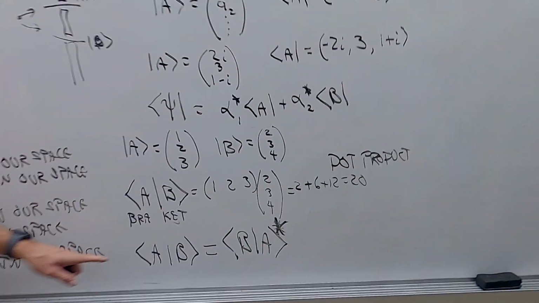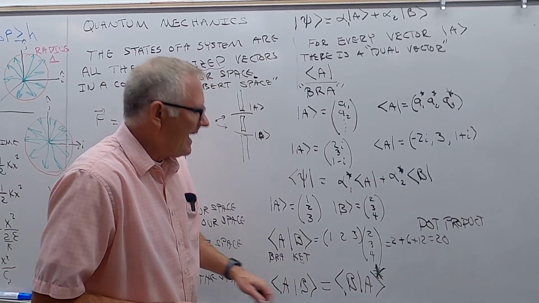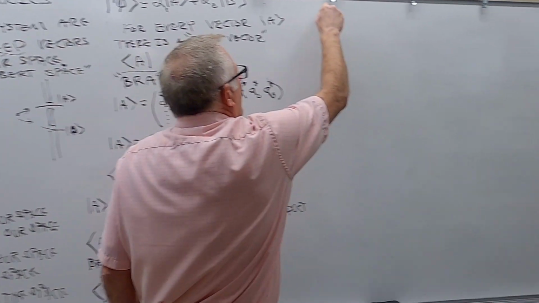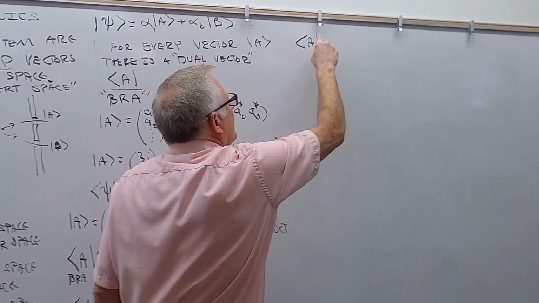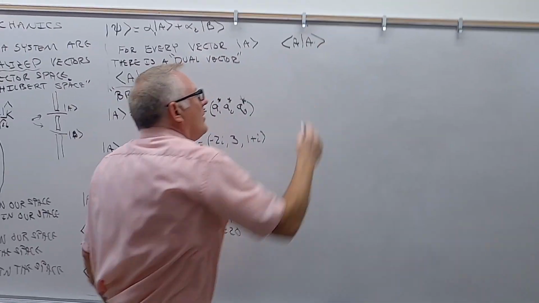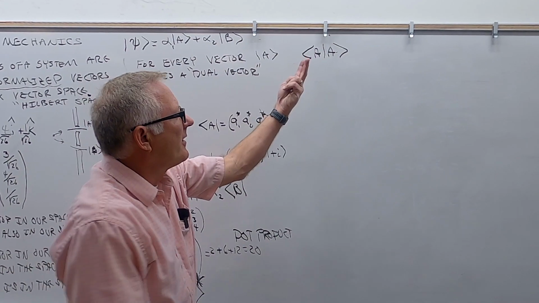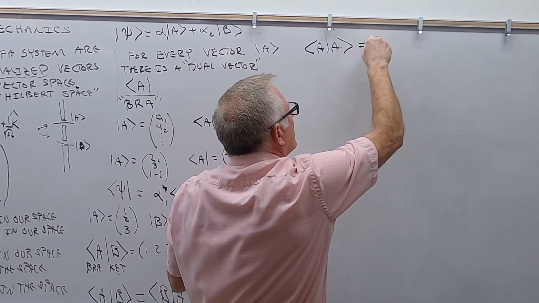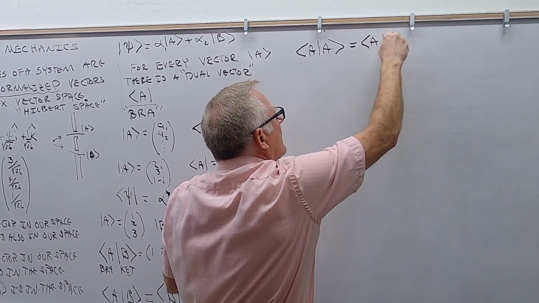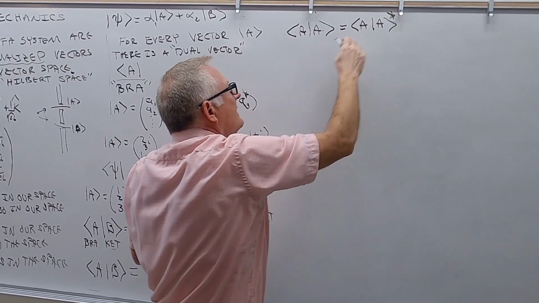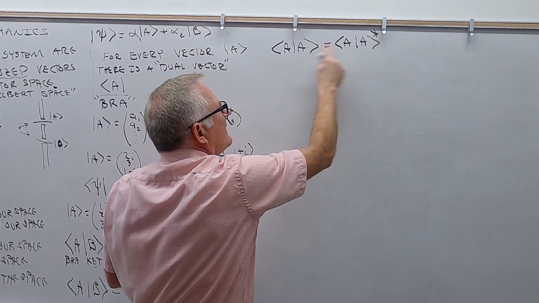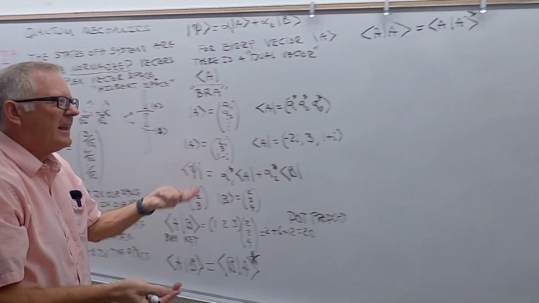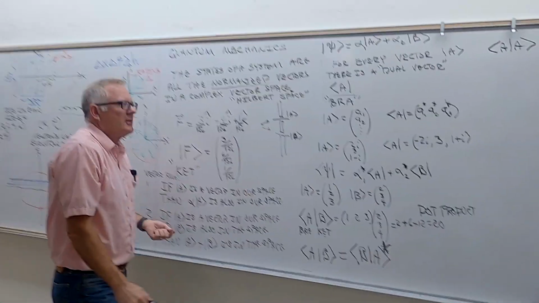Now, what if these two are the same thing? What if it's A, A? Anytime they're the same, if we flip the order of them, you couldn't tell, but that A is the same as that one, and that one's the same as that one. I flipped them, but you can't tell. That should still be true.